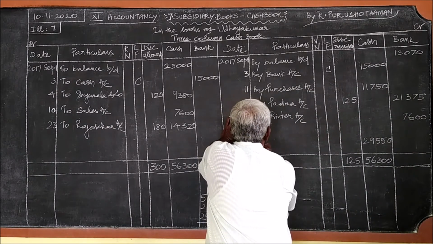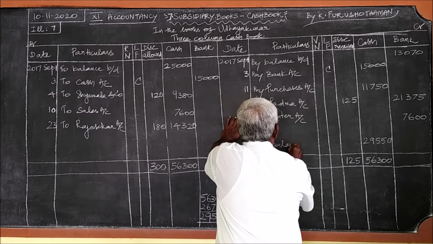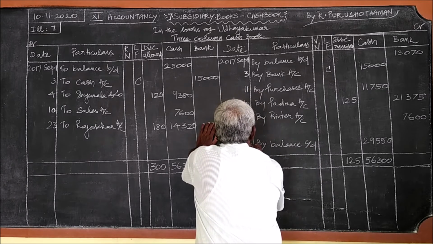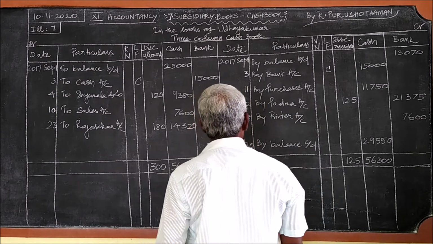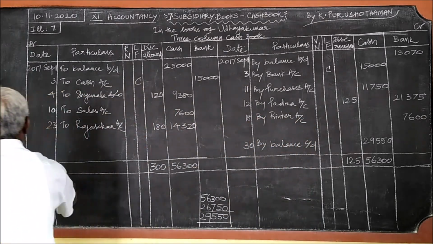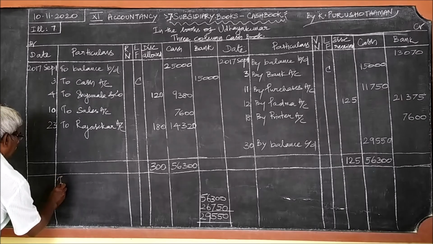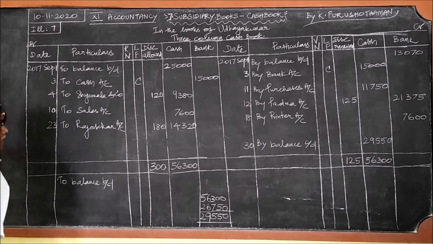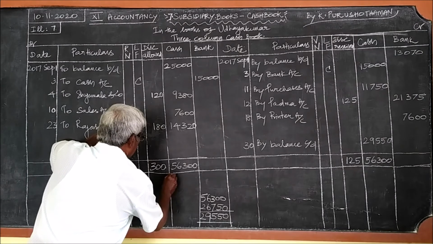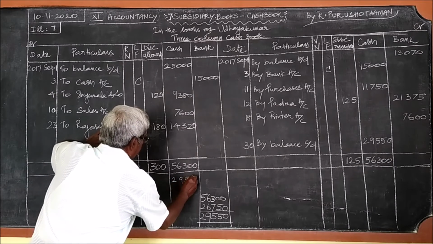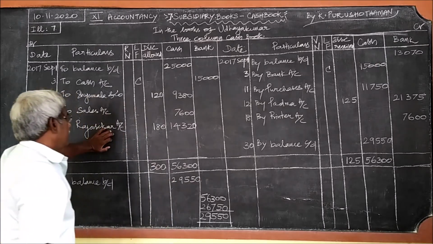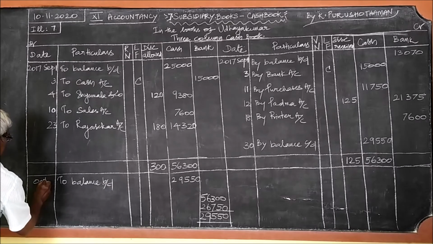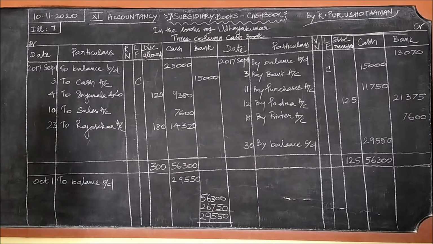Balance carried down, the last date of the month, September 30th. That side carried down, therefore the opposite side, brought down. The amount in the cash column 29,550. Here, what is the date? After September, it is October 1st. To balance brought down.